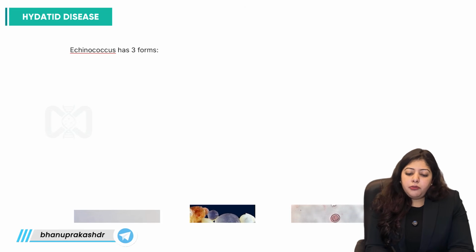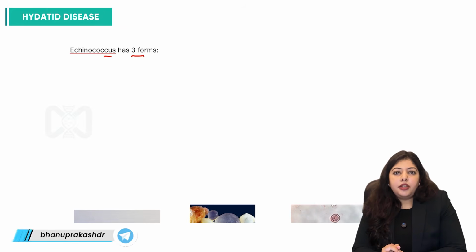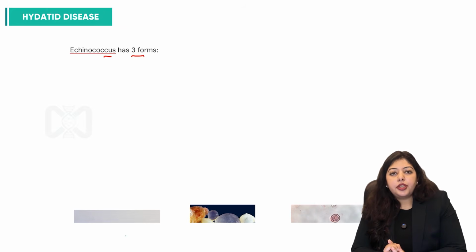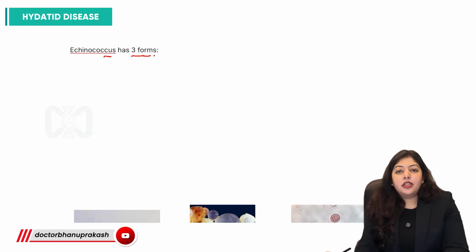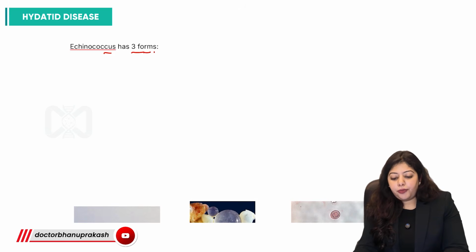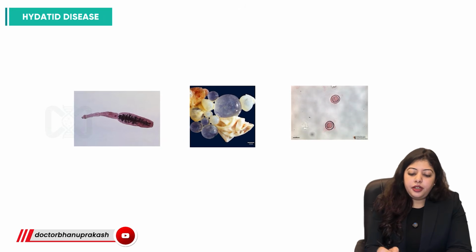So you also must know that this Echinococcus parasite, whether it is in humans, the intermediate host, or the definitive host, exists in 3 different forms. Firstly, we see this is the adult worm.